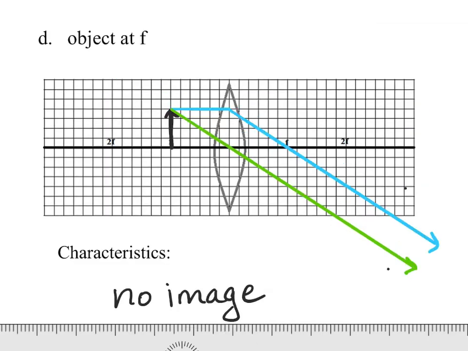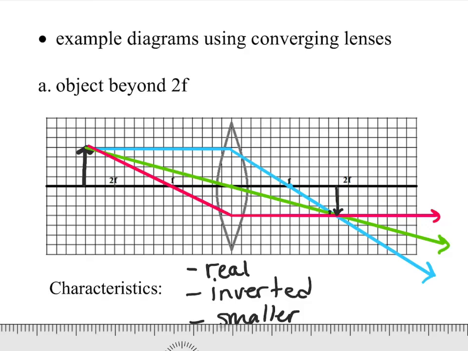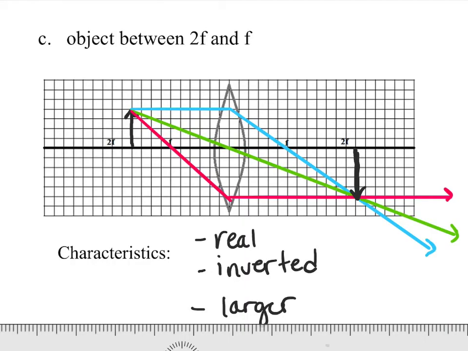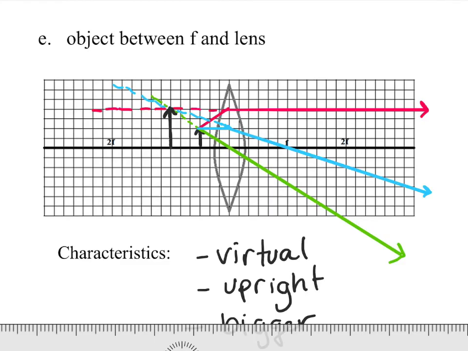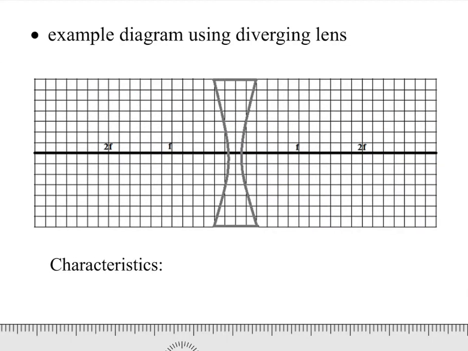All right, so that is all the different ways you can have light rays converge on a convex lens, okay? So as you can see, this is one where it has all the different types of scenarios. And just like with the mirrors, the only time it was different was when the object was in between the focal point and the lens, okay?